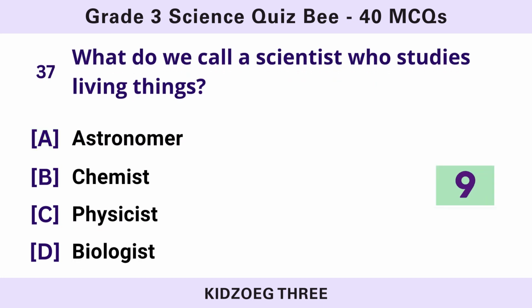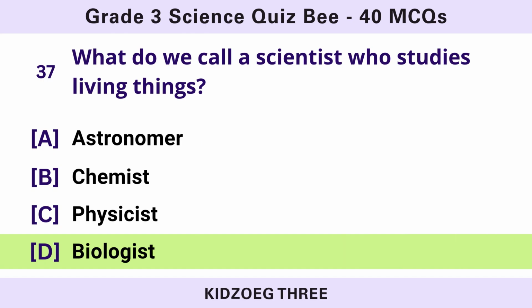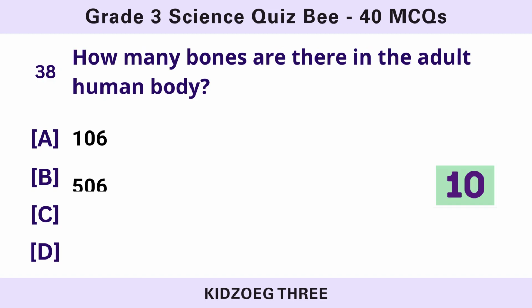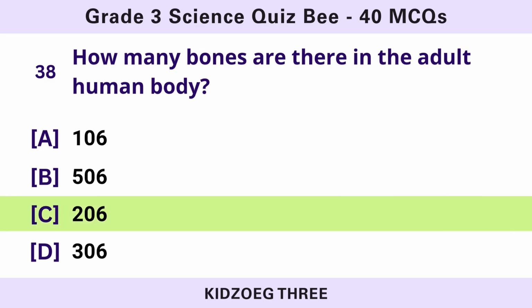What do we call a scientist who studies living things? Biologist. How many bones are there in the adult human body? 206.